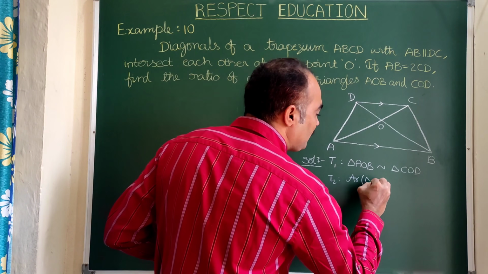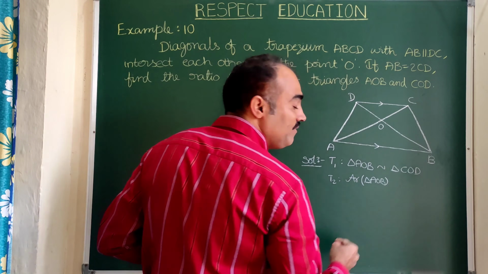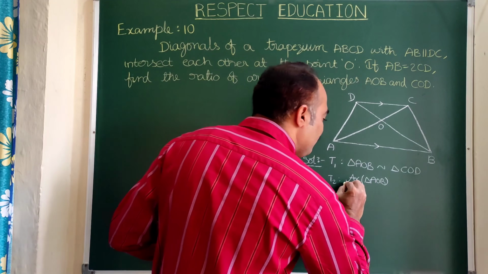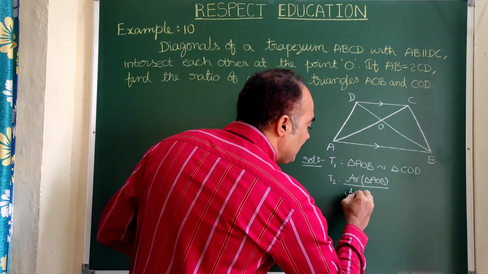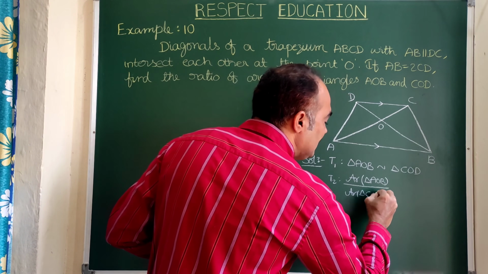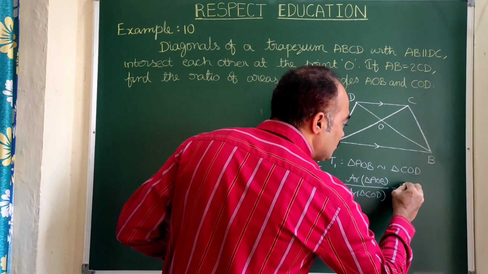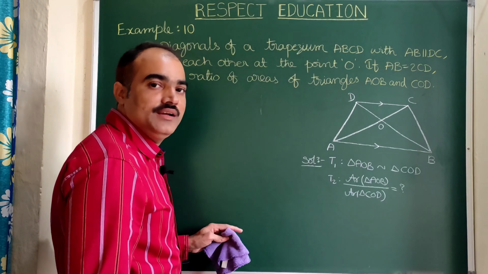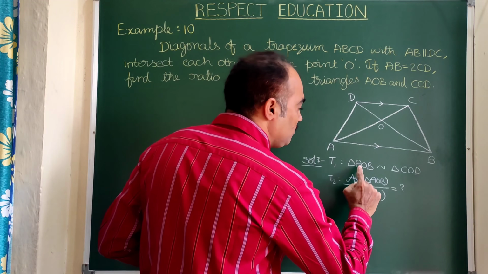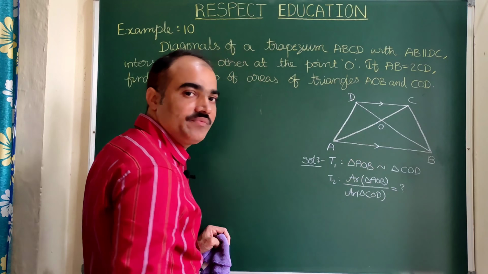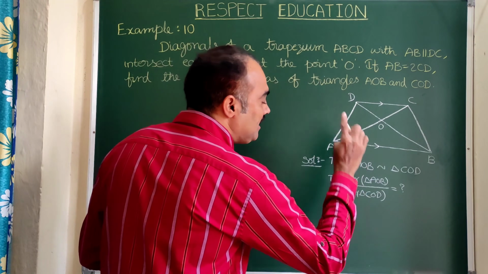That means area of triangle AOB divided by area of triangle COD. This value is to be found. So first our target is to show these two are similar. So let us separate the triangle.